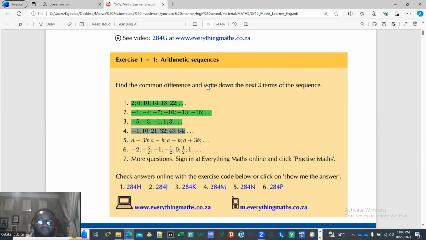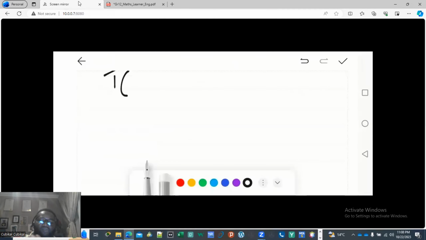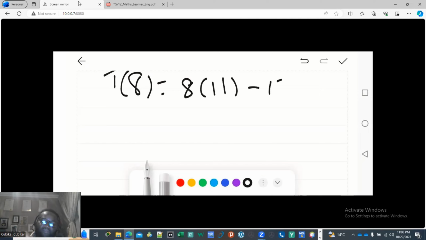So that was term number 7. To get the next one, which is term number 8, this is going to be 8 multiplied by 11 minus 12, which is going to be 88 minus 12. So we're going to get 76.